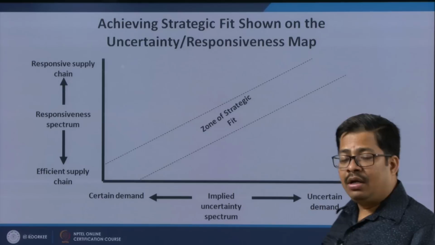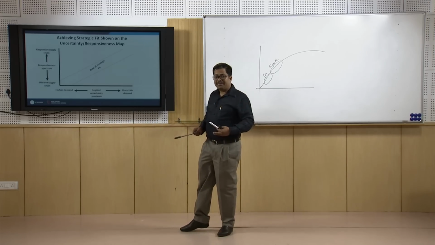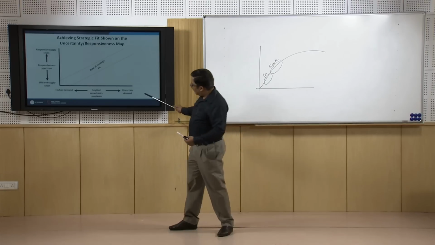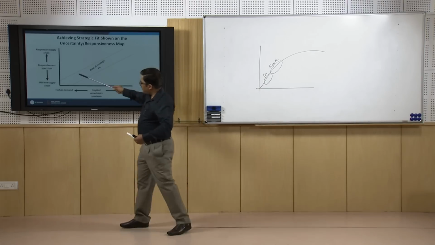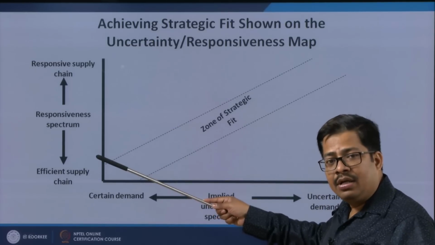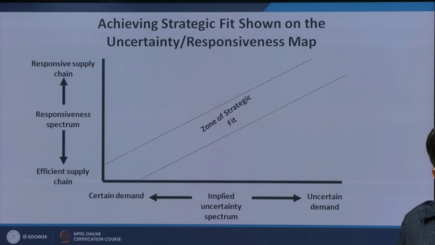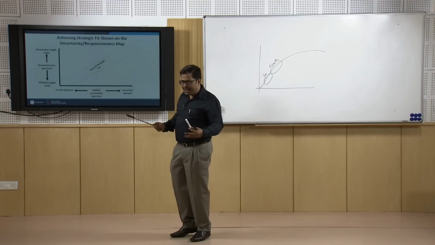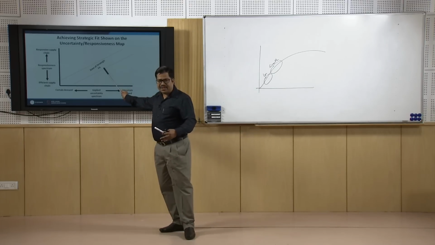But data analytics, the supply chain analytics will help us to understand the rate at which these uncertainties are diminishing, and appropriately we get time to change the capabilities of the supply chain. So therefore, this understanding, because ultimately the whole objective of this course or the entire supply chain management is to plan our supply chain positioning in this zone of strategic fit.